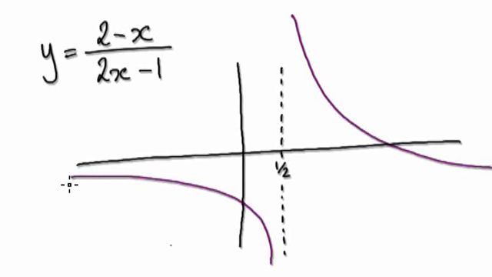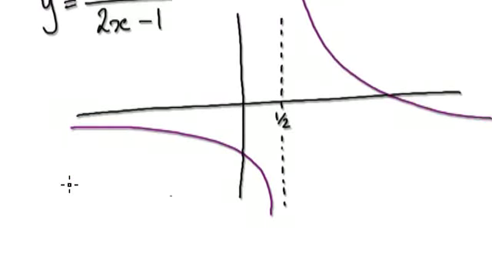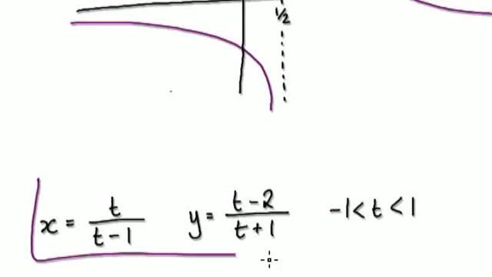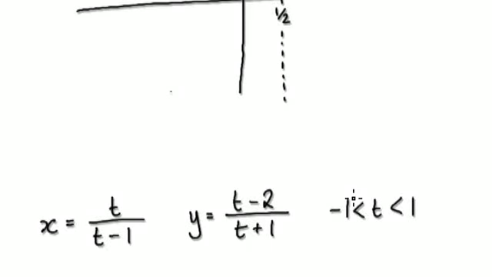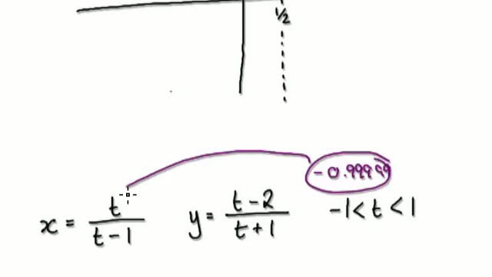To find out the path and the direction of the path, we would revert back to the original parametric equations. From this, then you can work out what happens. So let's select a point just to the right of -1, because we can't have it on -1. So let's select negative 0.999999. Put that into here.